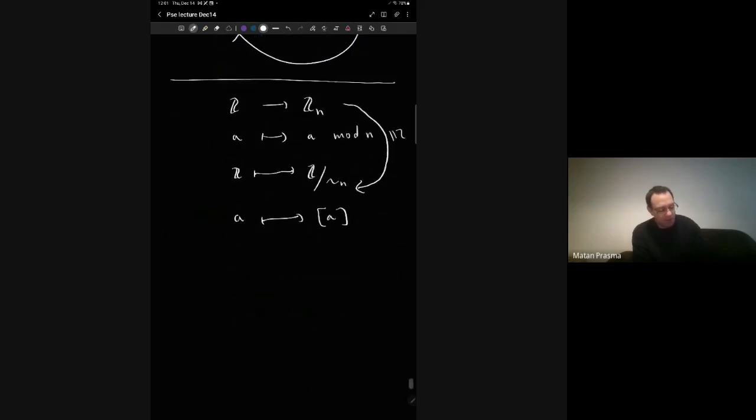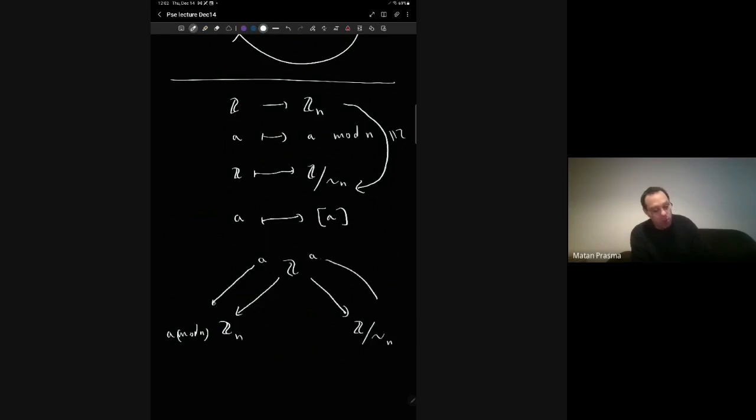So let's paint a picture like this. On one hand, I could go from integers to Z mod n by sending A to A mod n. On the other hand, I could do the quotient set, and I also have a map.